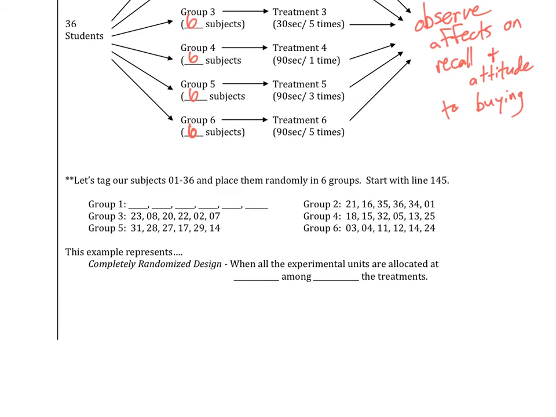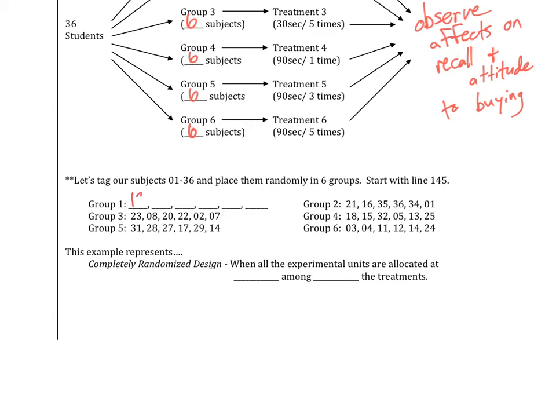So it says, let's take our subjects 01 through 36, okay, and randomly place them in 6 groups. Start with line 145. Okay, so for group 1, if you go to line 145 from your simple random digit table, the first number on line 145 is 19.